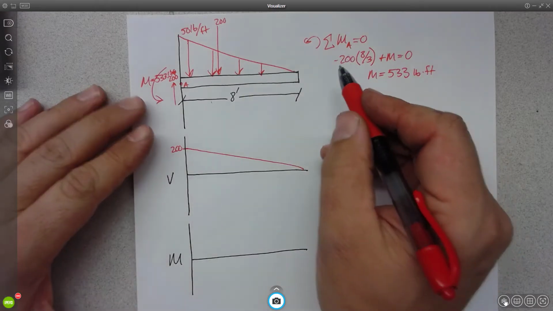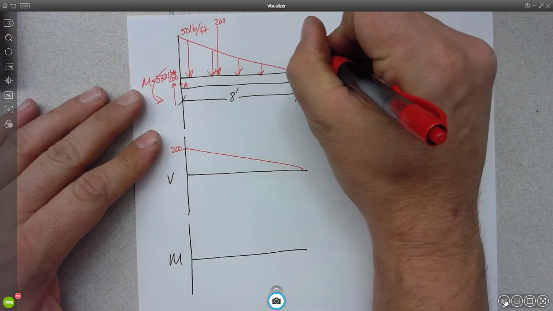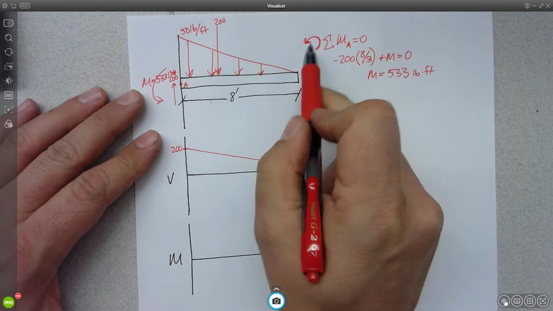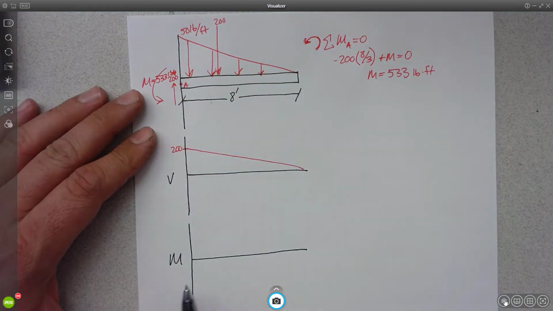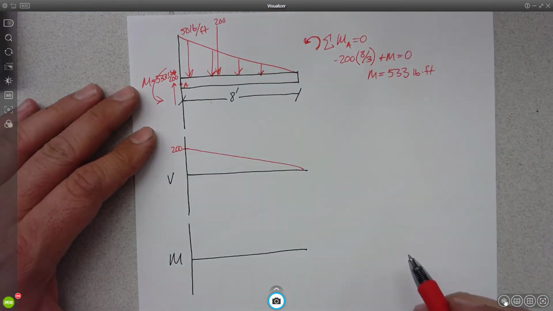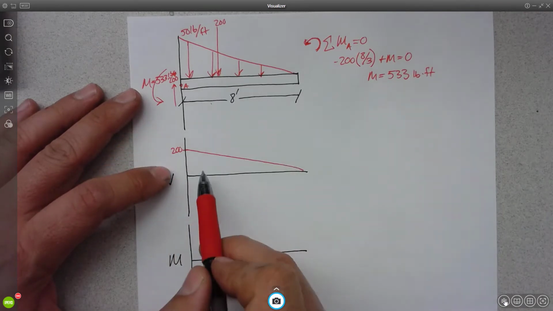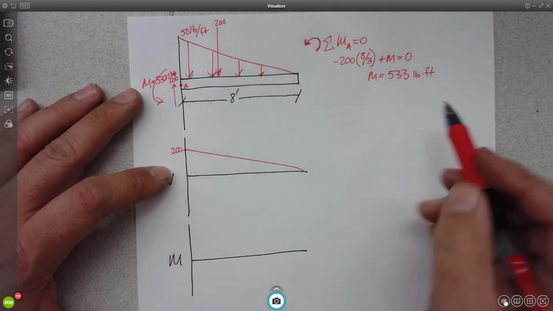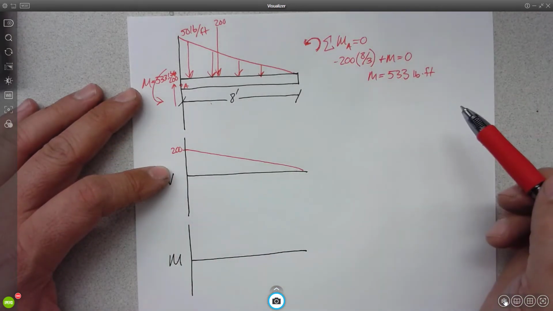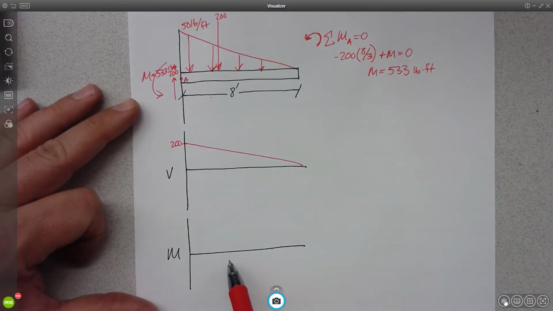So in our graphical approach, I don't think I ever talked about this. When you have a couple moment that acts on this, it causes a jump in the graph. Just like a point load causes a jump in shear, a couple moment causes a jump in the moment diagram.